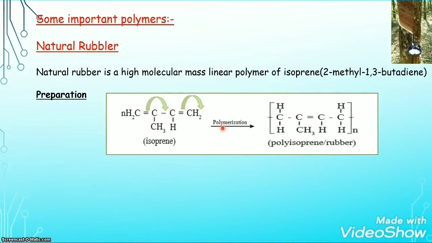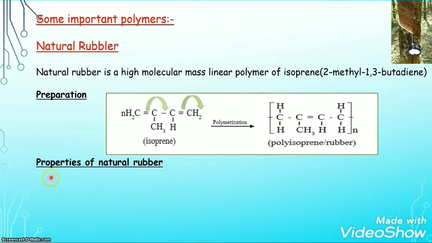That results in formation of a long polymeric chain of polyisoprene or natural rubber. So, students, we can easily understand that natural rubber is a high molecular mass linear polymer of isoprene. Linear polymer, that means a straight chain polymer of isoprene.